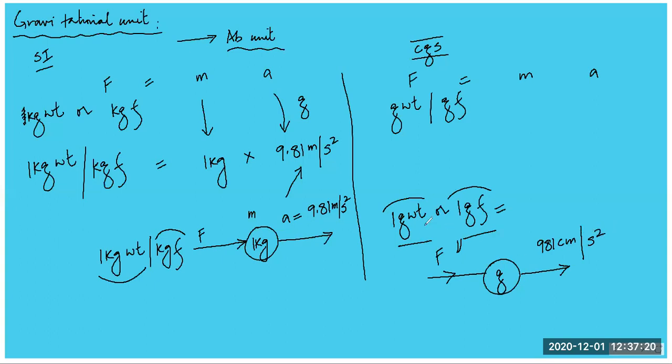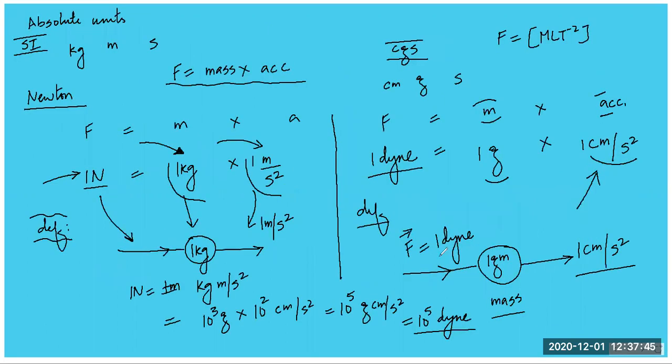So 1 gram weight or 1 gram force is equal to 1 gram into 981 centimeter per second square. This is equal to 981 gram centimeter per second square. Students, this gram centimeter per second square is actually the definition of dyne.